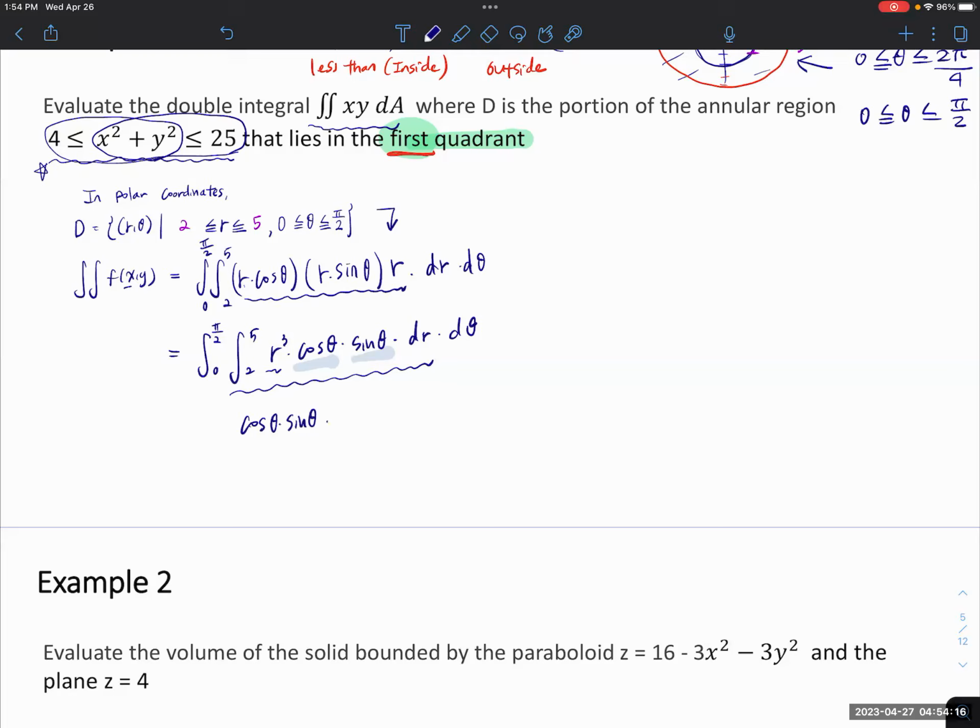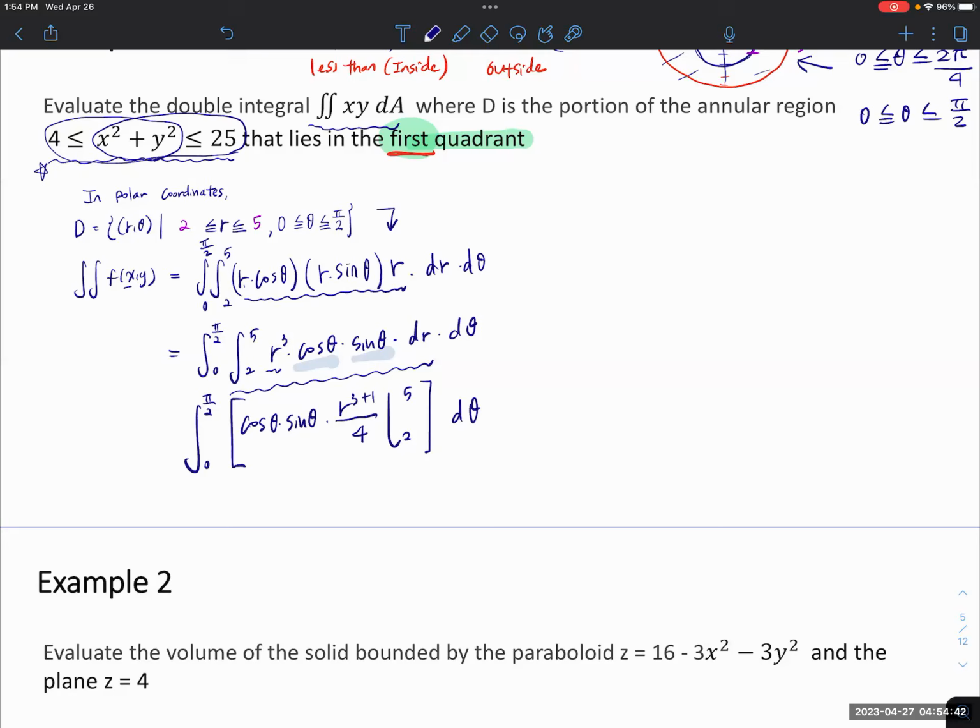And I'm going to take the integral of r to the third plus 1 over 4 from 2 to 5, right? And we still have 0 to pi over 2 d theta. Are you following? Because cosine theta, sine theta, that's constant. You don't need to do anything, just keep it. And then take the integral of r to the third.